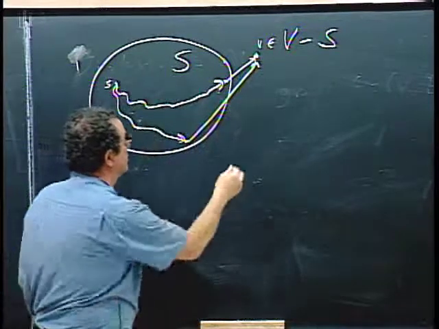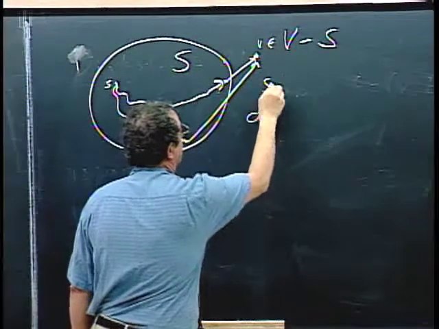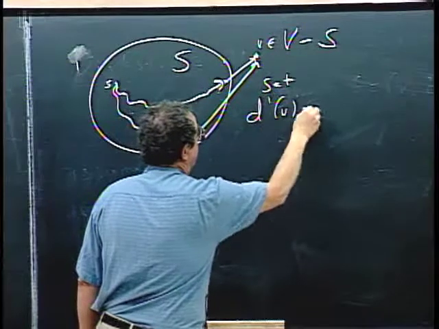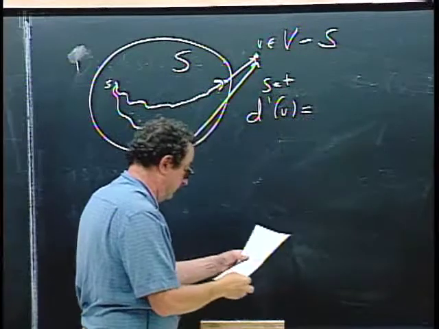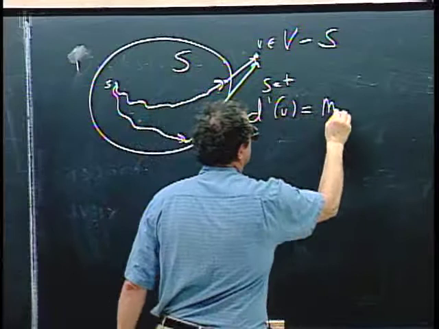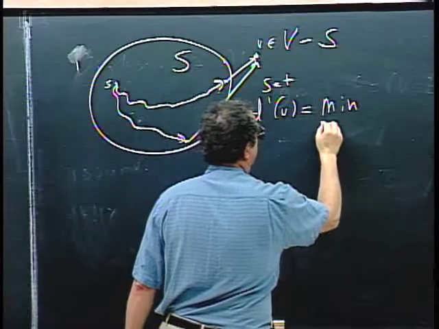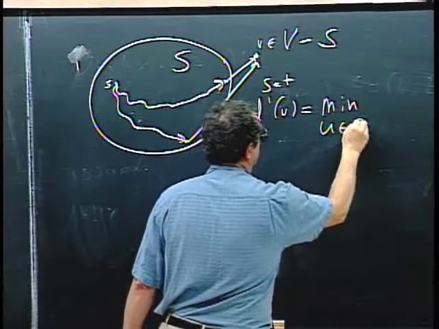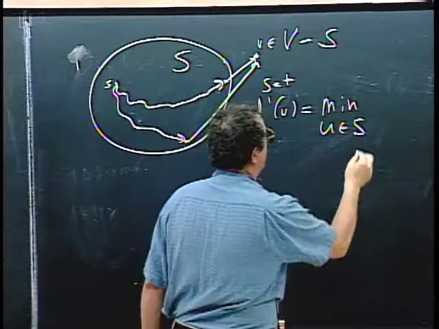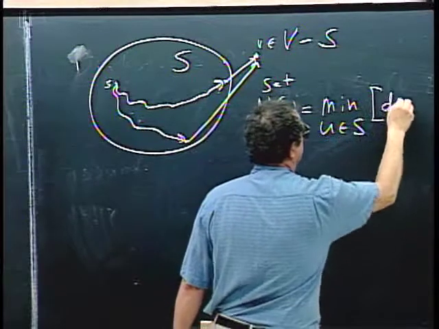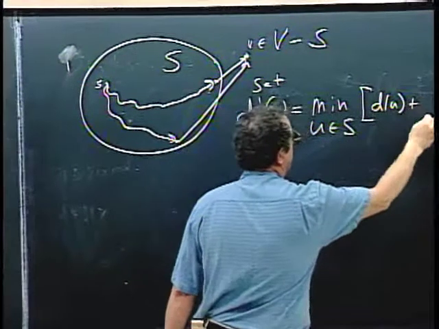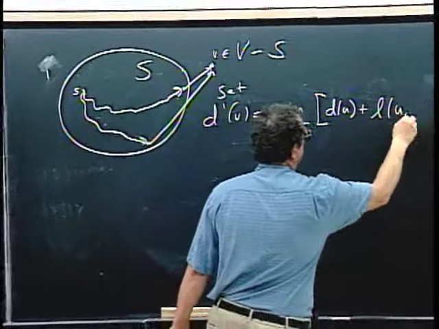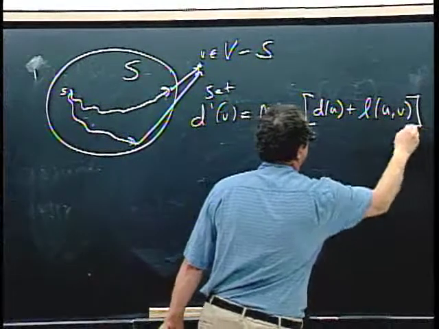But the algorithm is going to set d prime of V equal to the minimum over U contained in S of d of U plus the length of the edge UV.